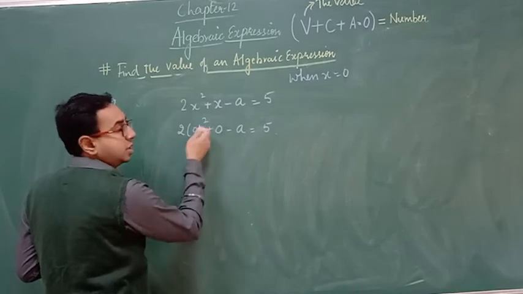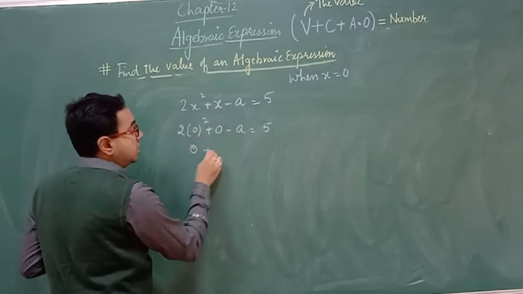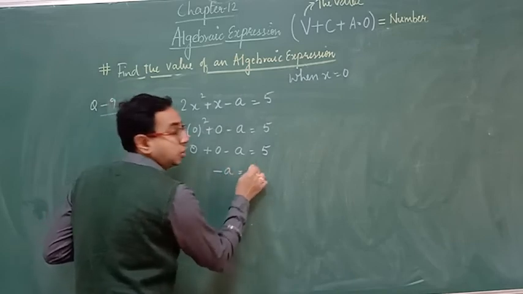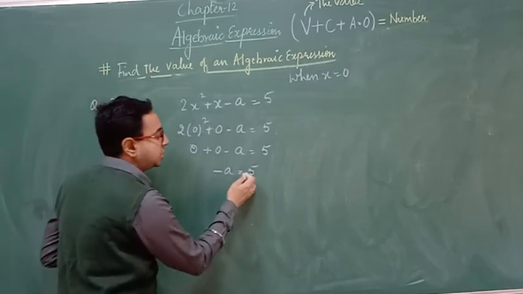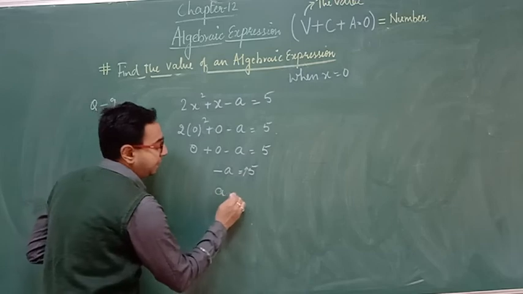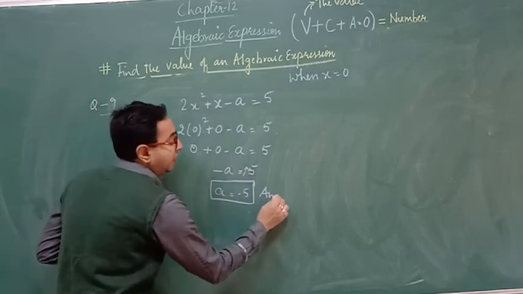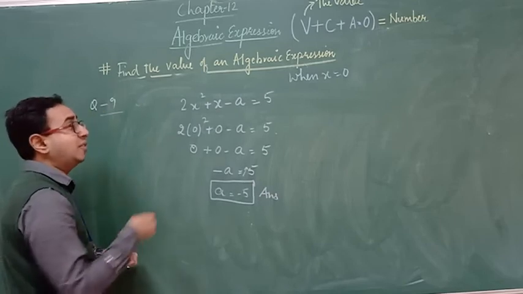It is 0 because 0 square is 0, 0 into 2, 0. 0 minus a is equal to 5. So minus a is equal to 5. I told you, here it is minus, it will go to that side and become minus 5. Hence, the answer is minus 5.